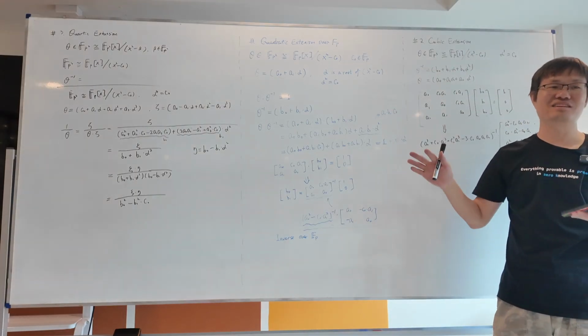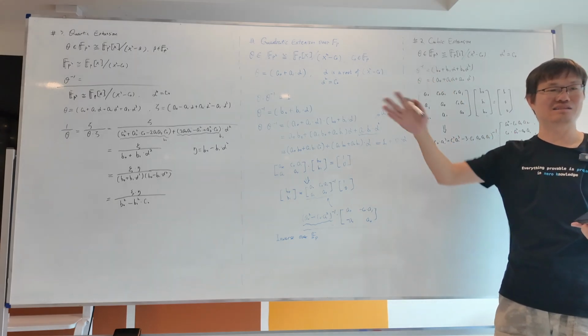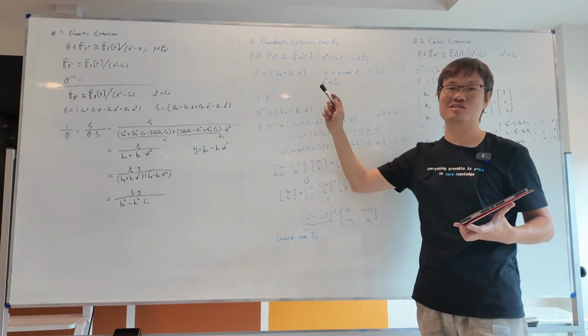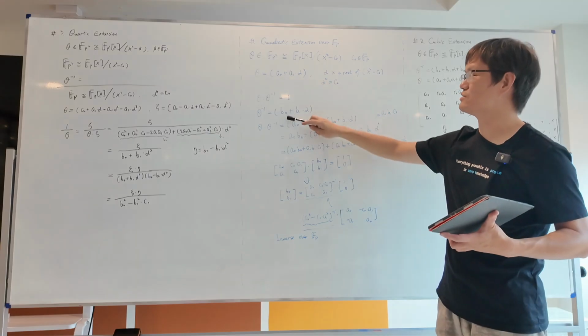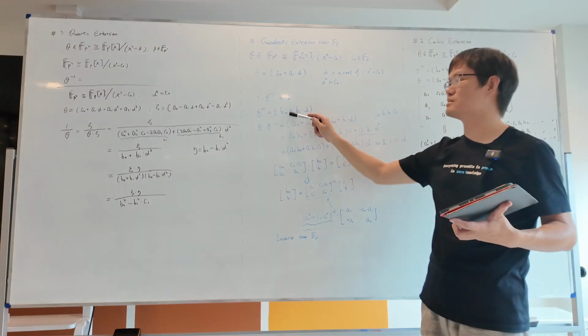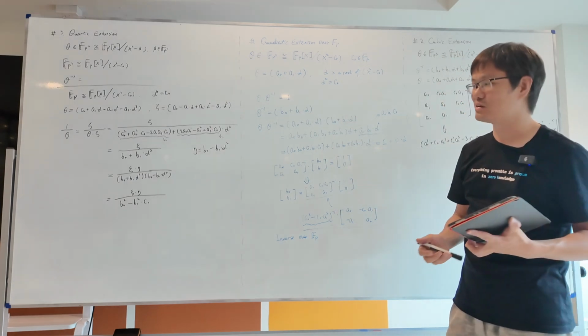So the idea is that we have to figure out a path to reduce computing the inverse of an element, a polynomial over a large basis, into a single element over the base field.